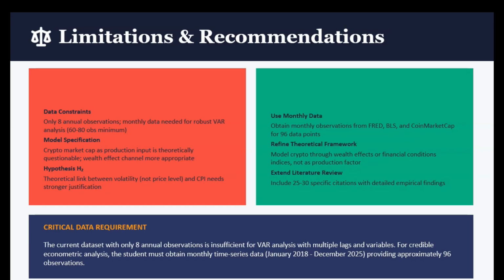That is the biggest issue, because to run a VAR you need a lot of observations, a minimum of 60 to 80. So you need to take the years times 12. Otherwise your VAR will not work. But it's a good topic, actually. The model specification, you should also increase.